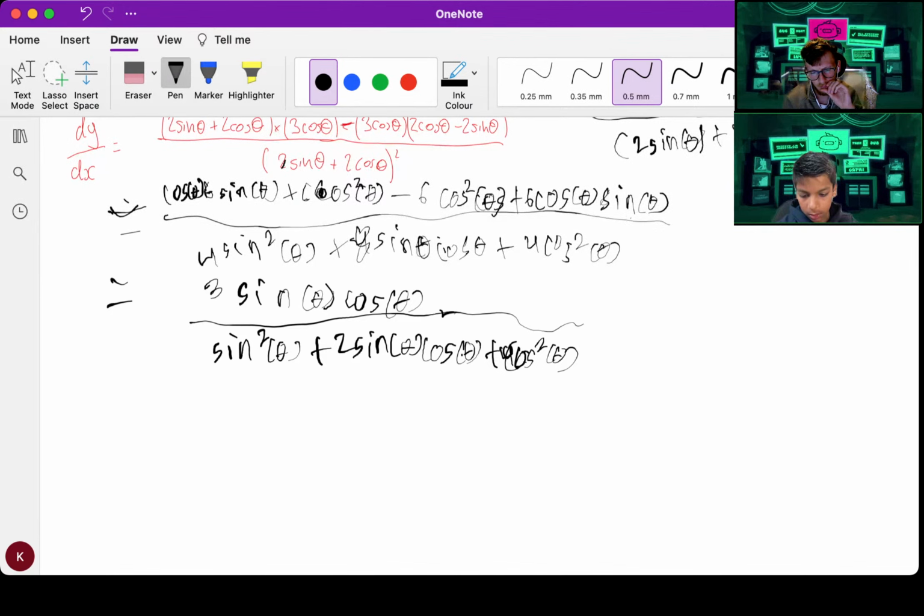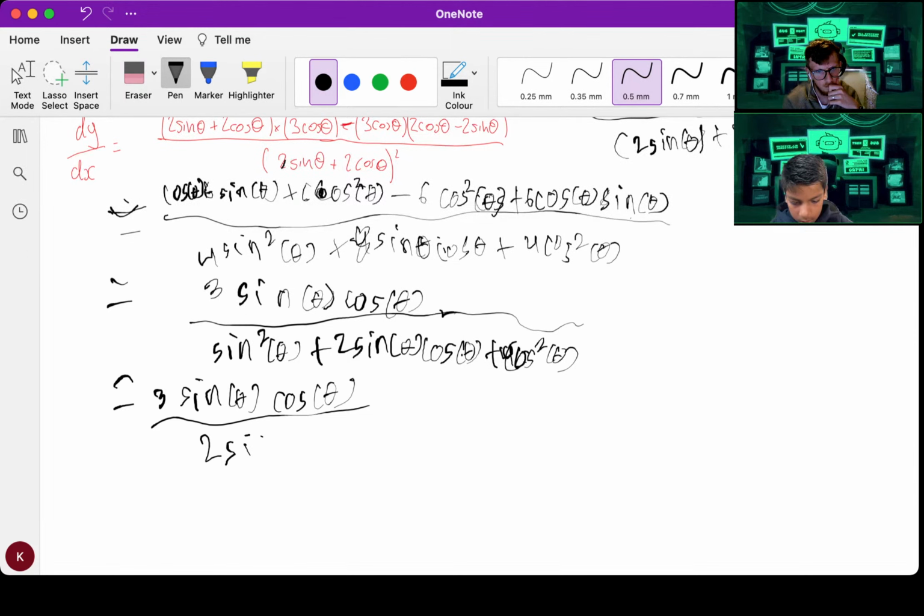Right, so then I think, so sine squared plus cos squared, that's 1. So that's the same as 3 sine theta cos theta divided by 2 sine theta cos theta.